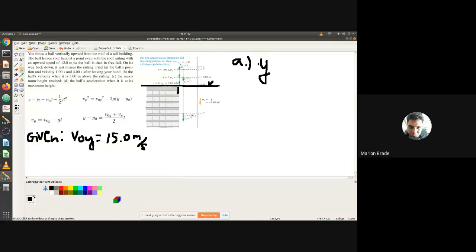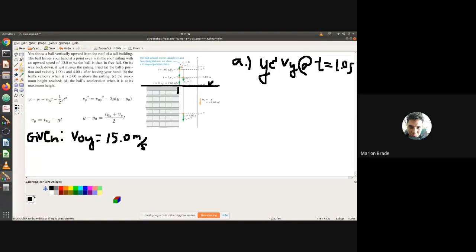So mag-una sa ta sa y and v_y at t equals 1 second.